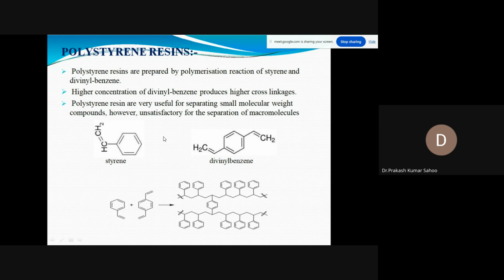So polystyrene resins are prepared from polymerization reaction of styrene and divinyl benzene. Higher concentration of divinyl benzene produces higher cross linkage. If divinyl benzene concentration is more, then linkage will be more, higher cross linkage. And polystyrene resins are very useful for separating small molecular weight compounds, however unsatisfactory for the separation of macromolecules.